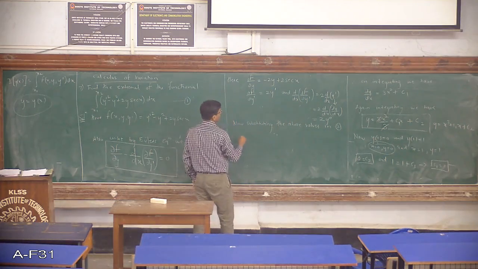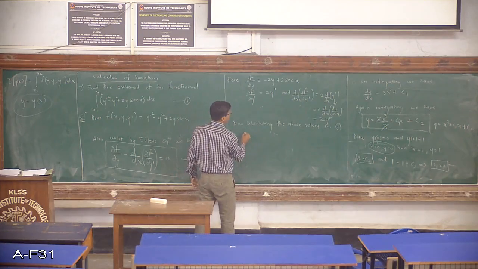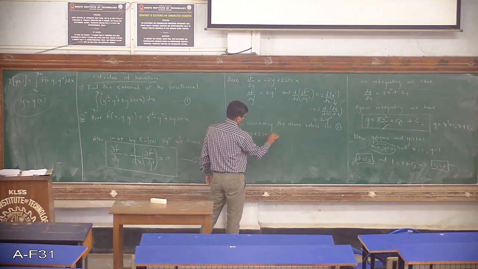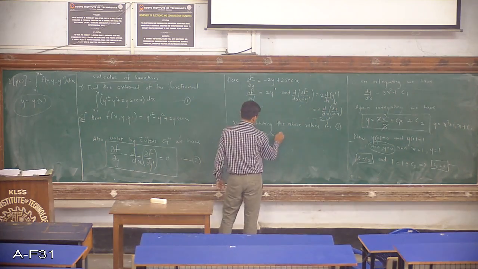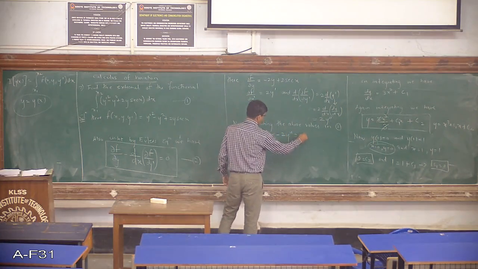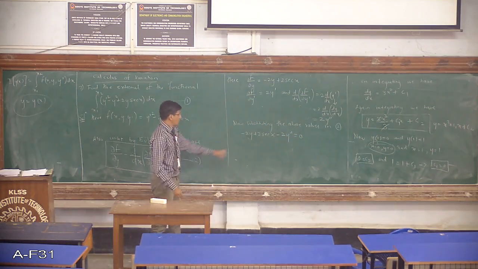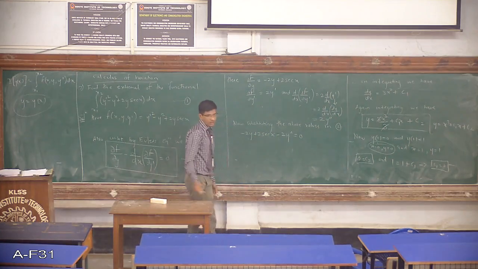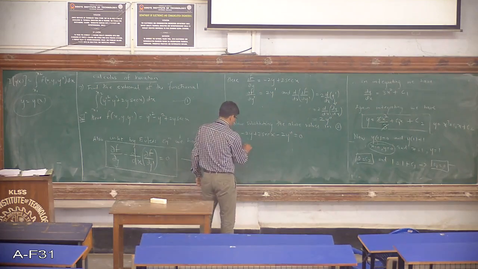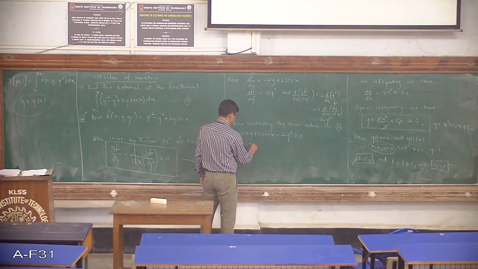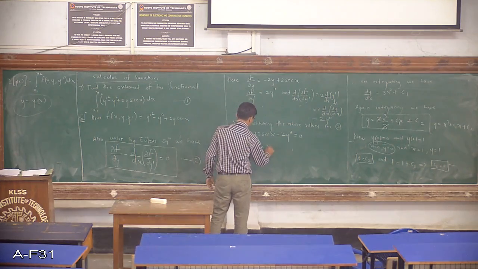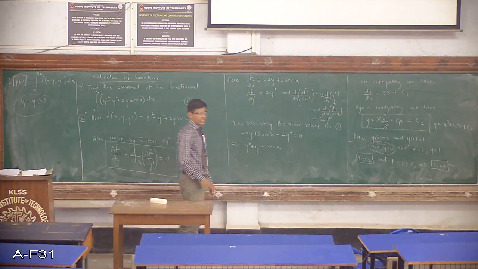So if I substitute this in equation 2, my answer turns out to be minus 2y plus 2 sec x minus 2y double prime equal to 0. Since everywhere there is 2, I divide by 2, and on rewriting I get y double prime plus y equal to sec x.